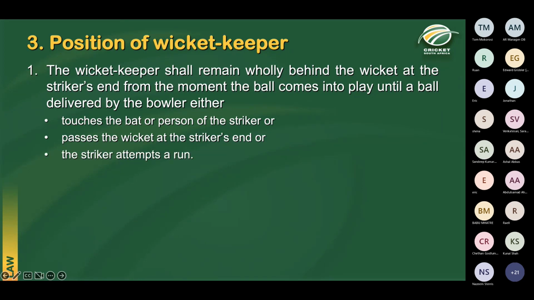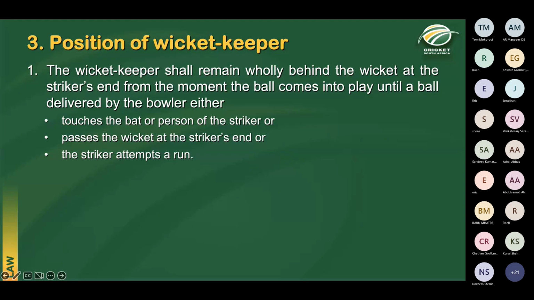We had a question last week about the stumping of Dinesh Karthik in the last over of the T20 World Cup match between India and Pakistan at the Melbourne Cricket Ground last year. Why was the wicketkeeper allowed to come in front of the stumps, grab the ball, and then effect the stumping?